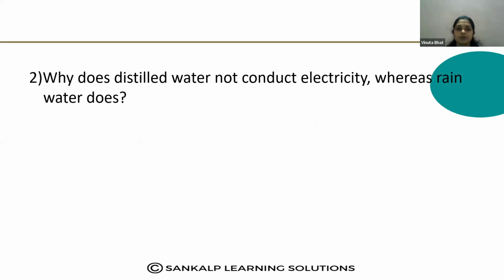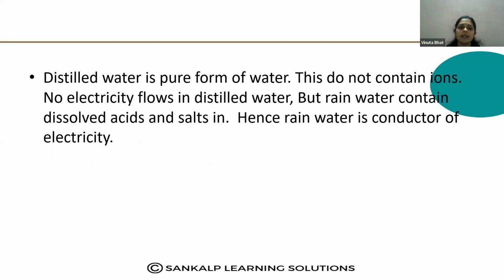Next question. Why does distilled water not conduct electricity whereas rainwater does? What is the reason behind this? Distilled water is the pure form of water, which does not contain any ions. So no electricity flows in distilled water.